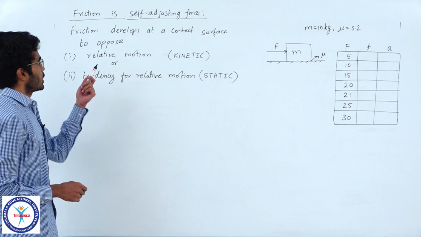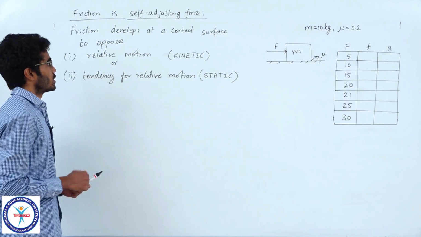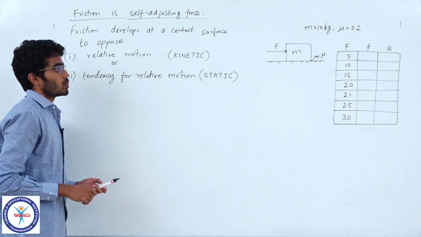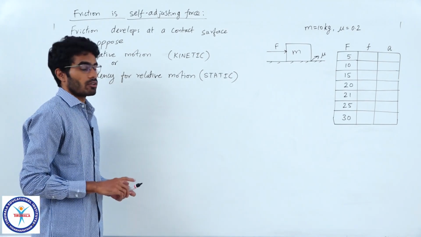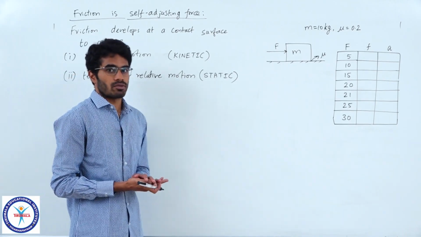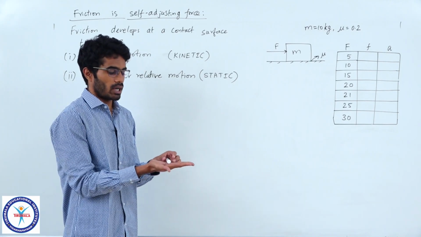Now why does the friction develop? The nature of friction is that the friction develops in such a way that at a contact surface, it tries to oppose the relative motion or any tendency for relative motion. Now what do you understand by relative motion? For example, imagine I am keeping the marker on my hand.